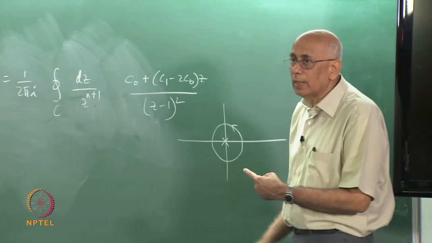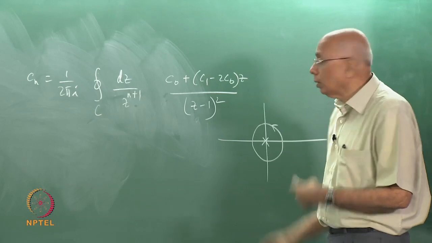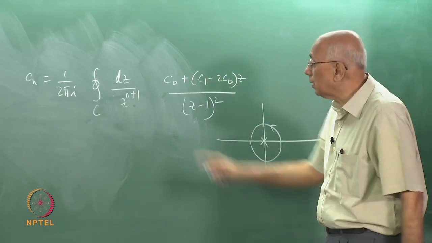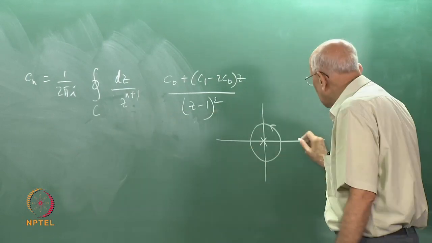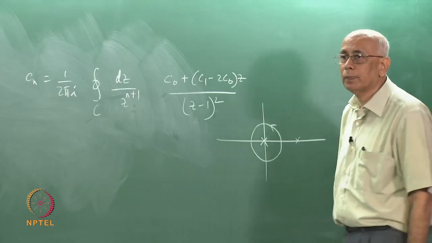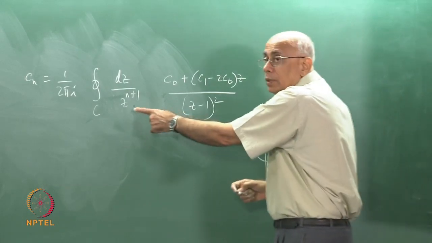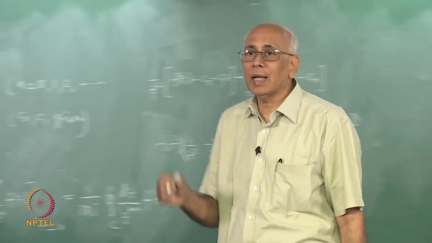And what sort of singularity does it have at z equal to 1? A double pole, because there is a square here, with some residue, etc. We do not care. The residue will have a contribution from here too, we do not care. So there is a double pole sitting here, and there is a pole of order n plus 1 sitting here, and I hate trying to differentiate a rational function n times.